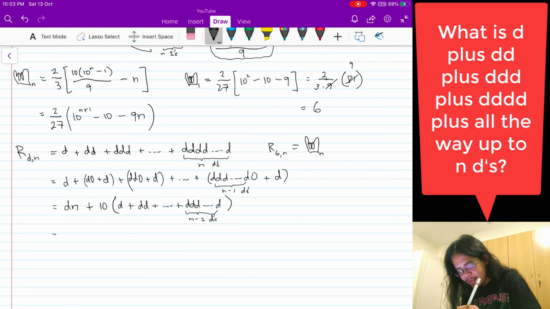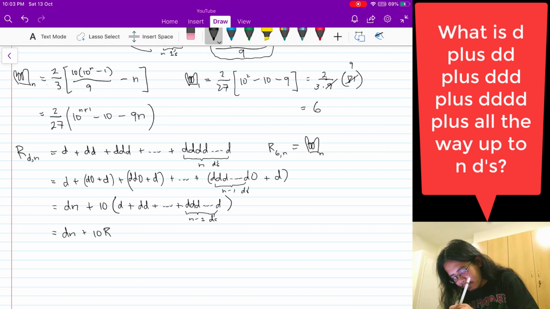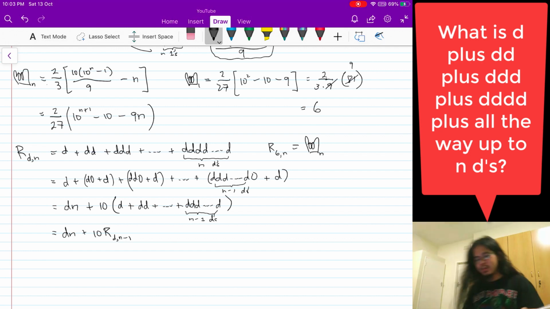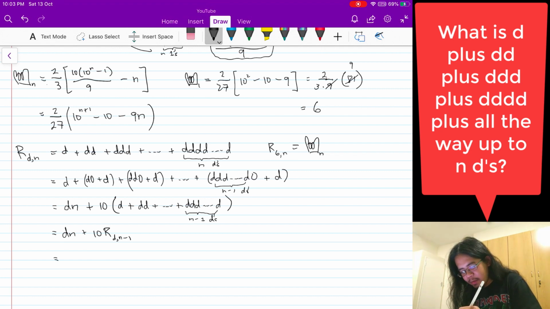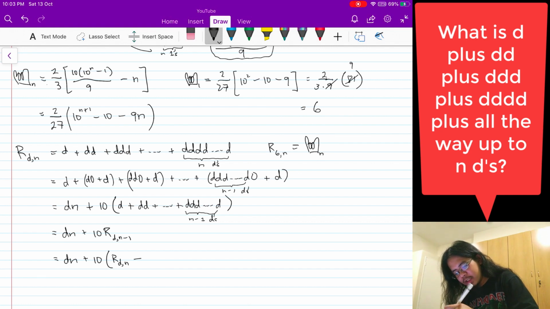And the one in the parenthesis is of course 10 multiplied by the repeated sum of the digit d, but there are n minus 1 of them. Sorry, I'm an idiot again. And again, like what we did before, the repeated sum of n minus 1 of them can be written as n numbers of repeated sum if you just subtract from it the last term, which contains n number of these.